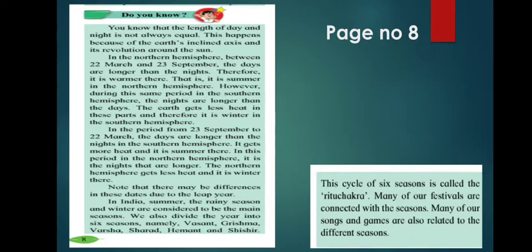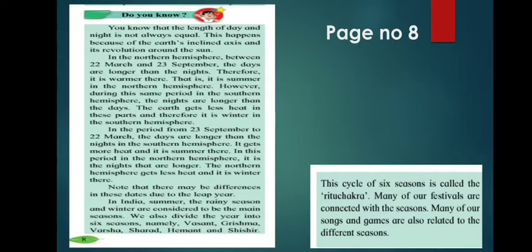So see children, 22nd March to 23rd September, it is warm in the northern hemisphere, summer in the northern hemisphere and winter in the southern hemisphere.